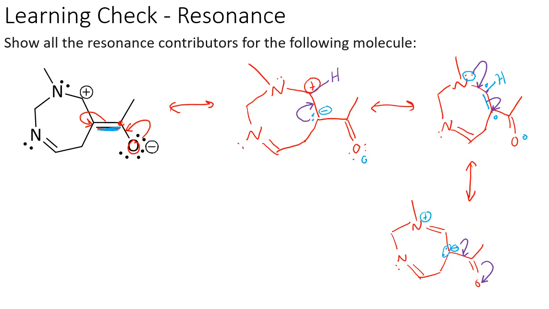So if we take that lone pair of electrons and push it in between carbon and carbon there, we'll have a double bond again, and our oxygen will have a single bond and a negative formal charge on it again. So I suppose this would be our final resonance structure that we can draw.